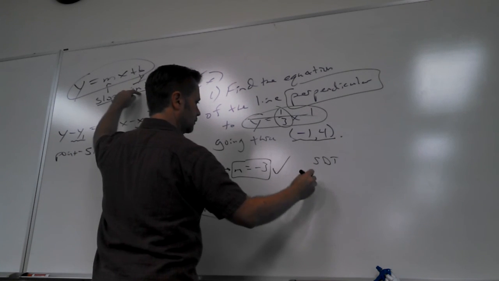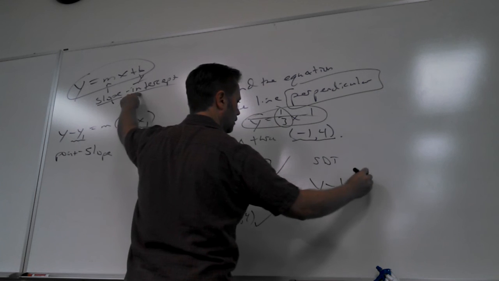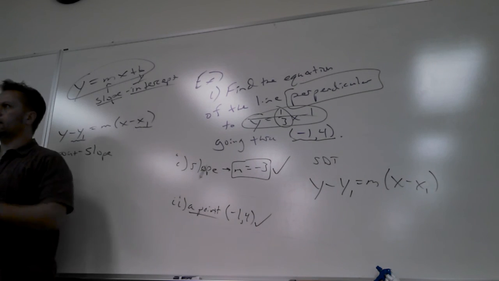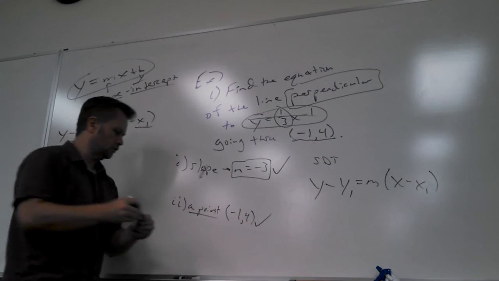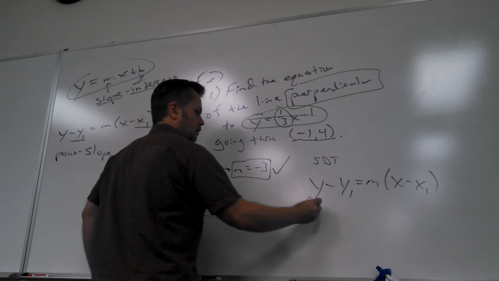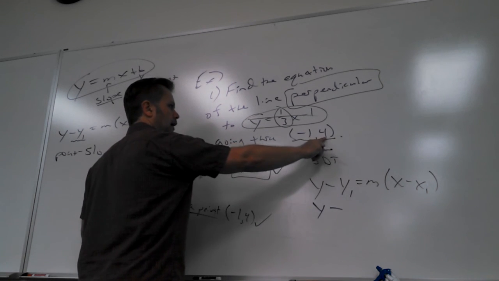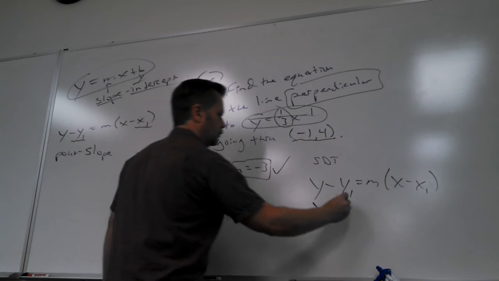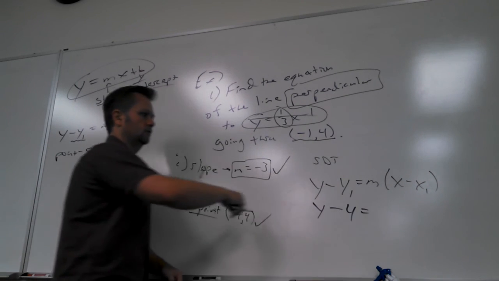I don't have the y-intercept. So help me out. What goes into this equation? What goes here? Yeah, good. The y piece of the point that I've got. I love it. So y minus 4 equals what goes here?